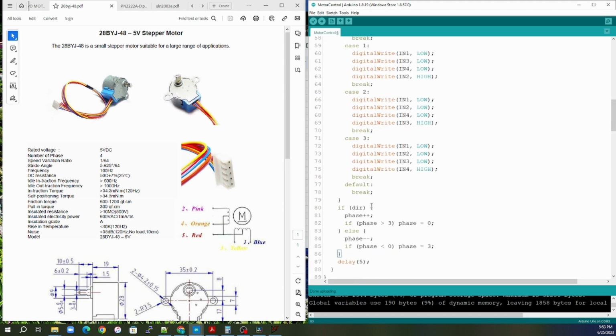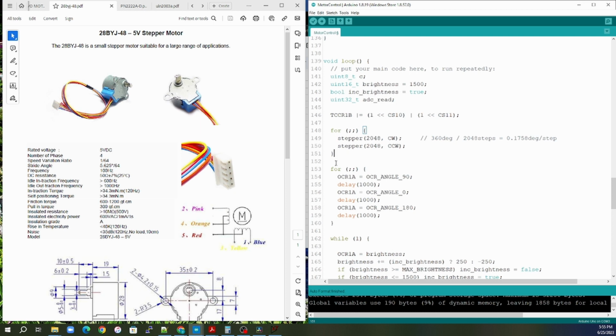So for the sake of the video, I went ahead and turned this delay from 50 milliseconds for the 100 hertz frequency down to 5 milliseconds in order to make the demonstration a little shorter and able to be seen. At 50 milliseconds per click, it takes quite a bit of time.